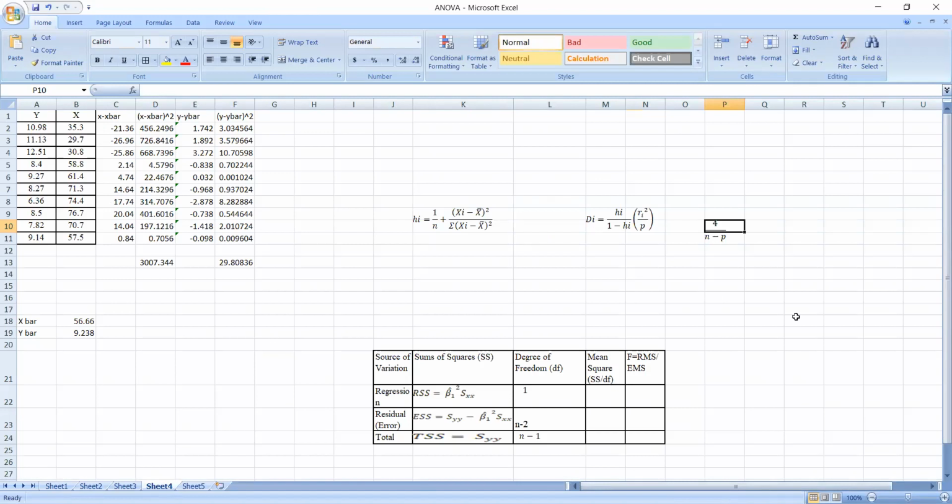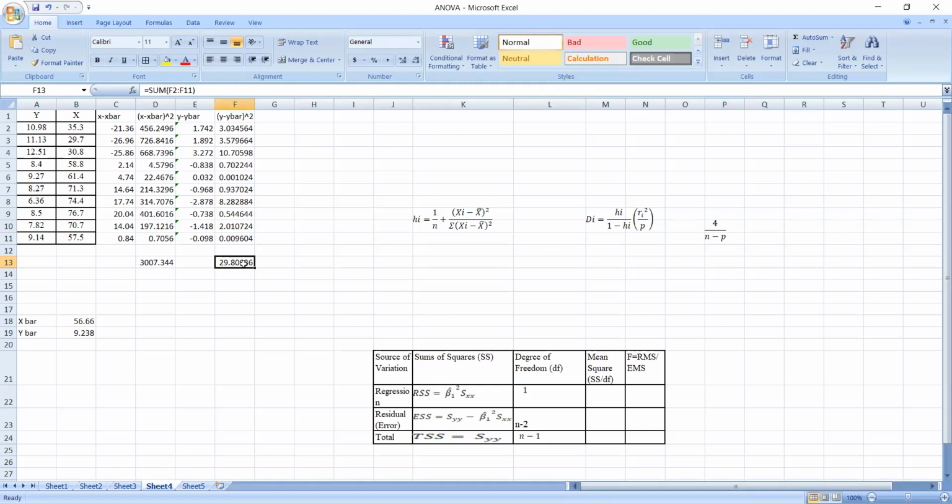This is our original data set, and here we have calculated the x minus x bar values, the x minus x bar squared values, the y minus y bar values, and the y minus y bar squared values, and I have taken the totals as well.